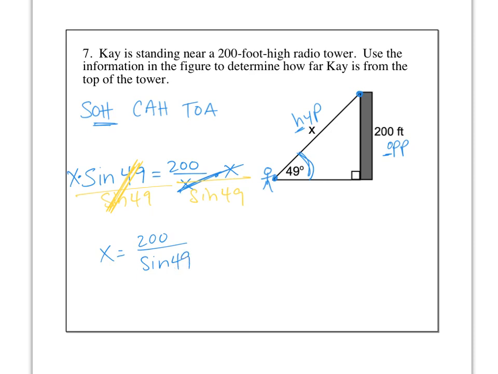Can we type that in our calculator? Yep. So you go 200 divided by sine 49. And x is 265.00. So I'll just say 265 feet. That's how far Kay is from the top of the tower.